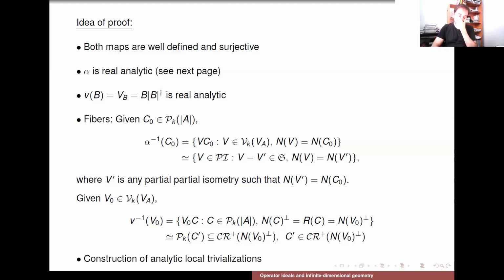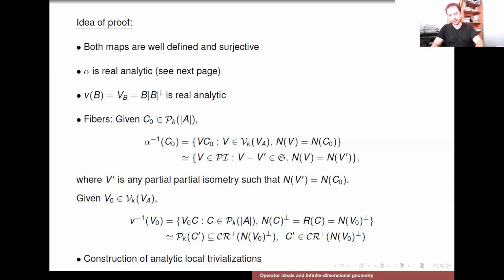I will not give the details, but once one knows the fibers, then one can go further and construct the analytic local trivializations to get the analytic fiber bundle structure.